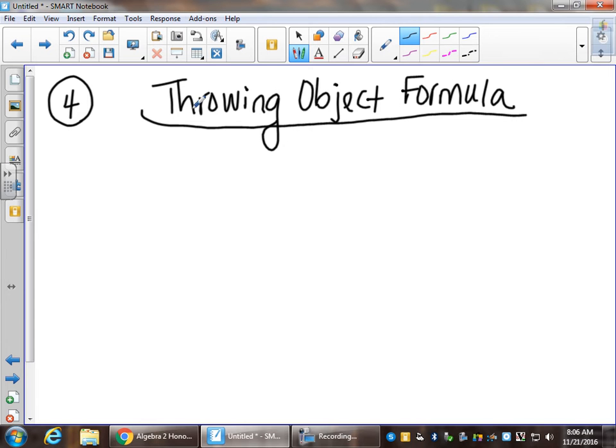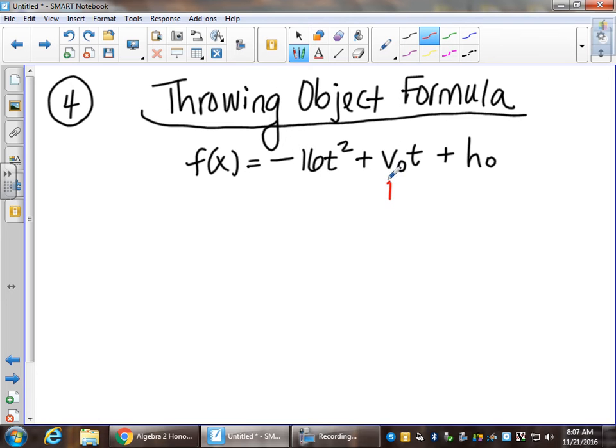The throwing object formula is going to be f of x equals negative 16t squared plus v naught t plus h naught. Here's our velocity.